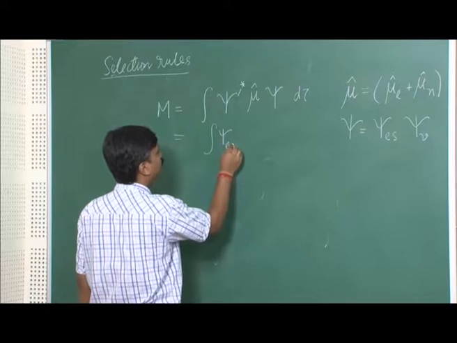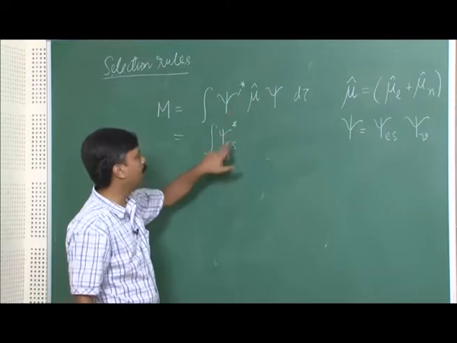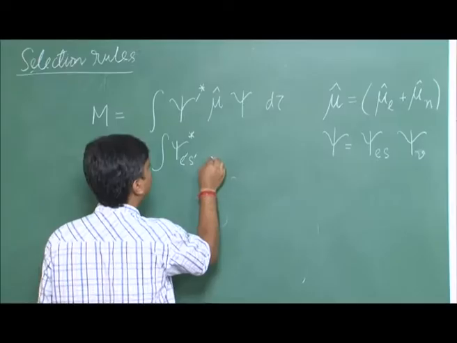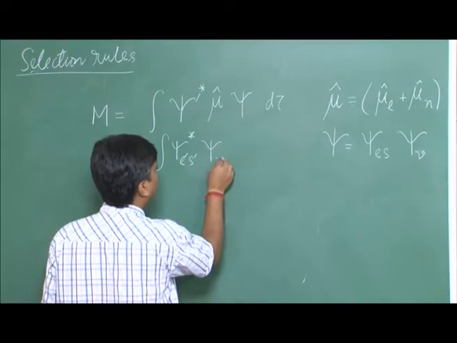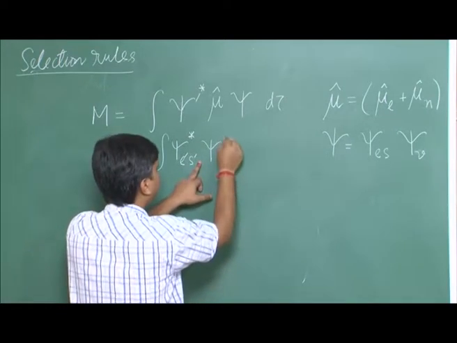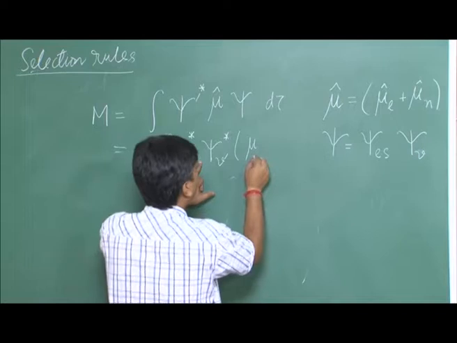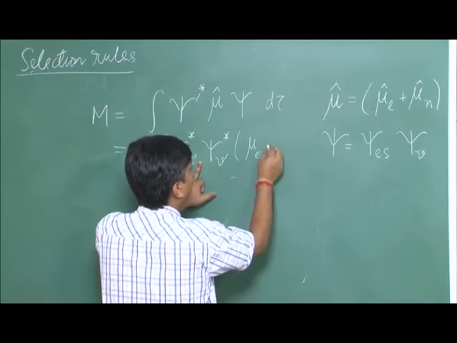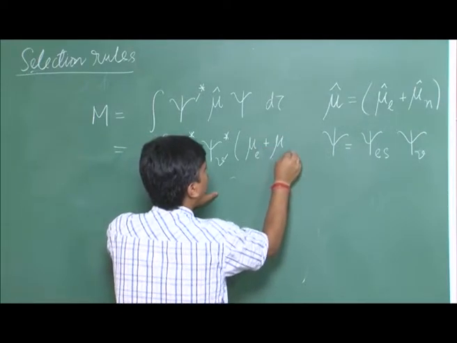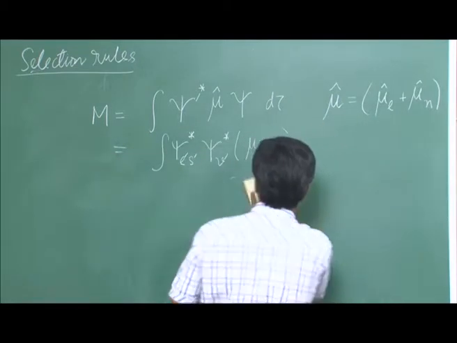So instead of writing the prime on this psi, I will write it on this E and S, okay. And then you have psi V, and V also here is in excited state, so I will have V prime having the complex conjugate, and then you have mu E and mu N, right, and then you have the ground state part.